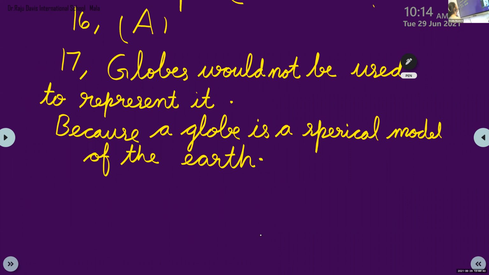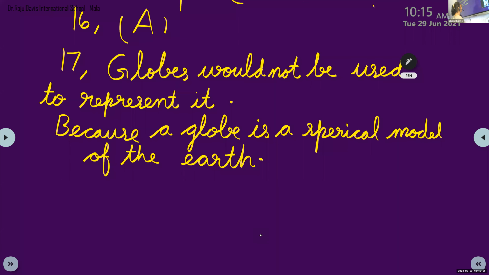Globes would not be used to represent it. I repeat the answer. Because a globe is a spherical model of the earth. Don't worry if you are not able to, because some children are facing network issues, they were not able to complete it properly on time.